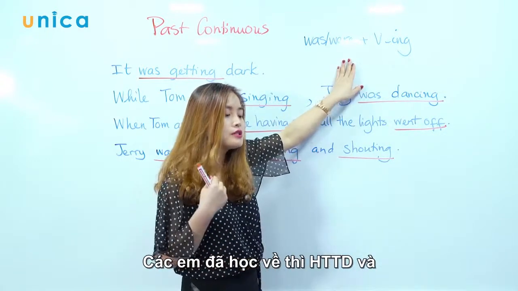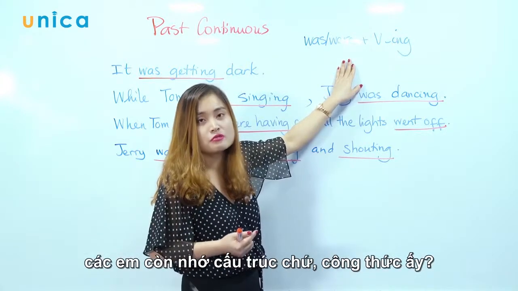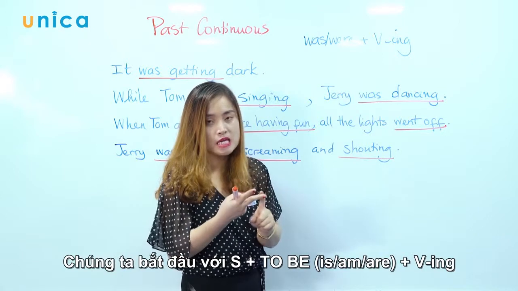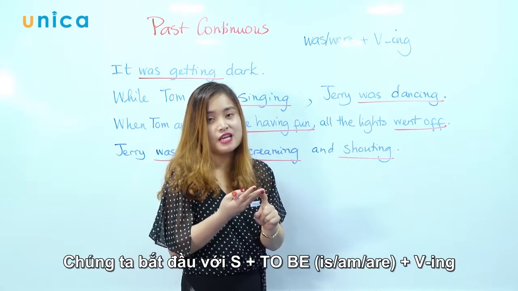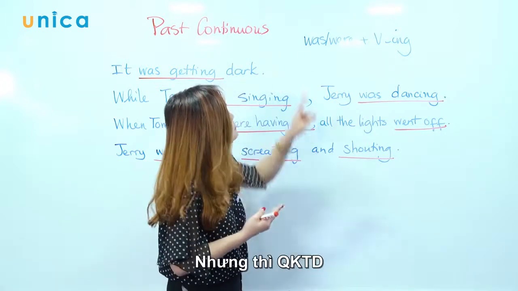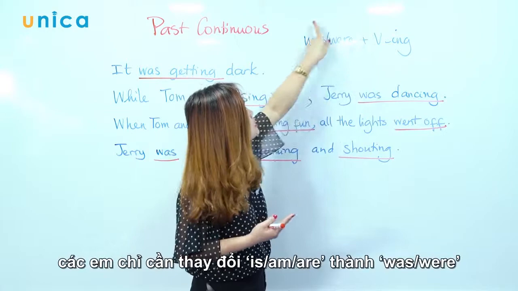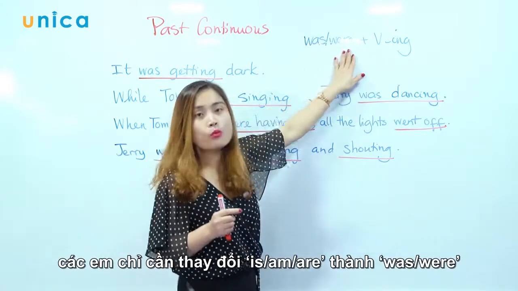Now, you learned present continuous, and you still remember the formula. You're going to start with the subject, and then to be. To be here is is, and then verb ing. But for the past continuous, you just simply change is into was and were.